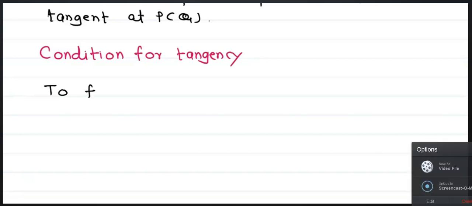Now the condition for tangency. Before this topic, we have seen the condition for tangency for the circle, parabola, and ellipse, and now the condition for tangency for the hyperbola. It means when a given line will be tangent to the given curve.